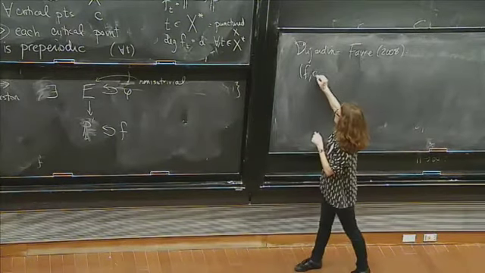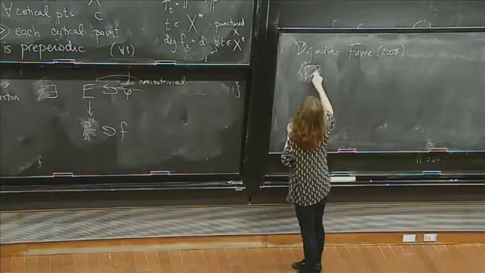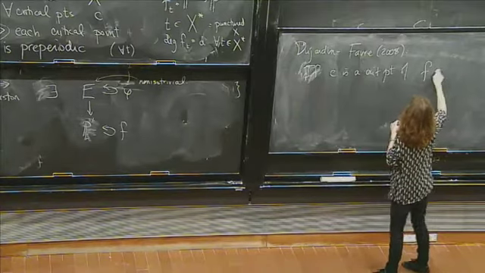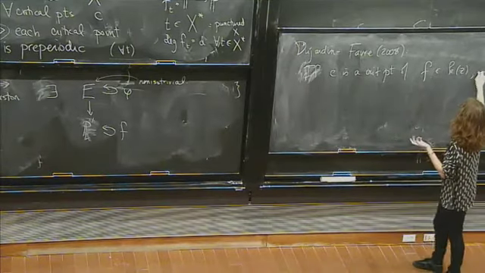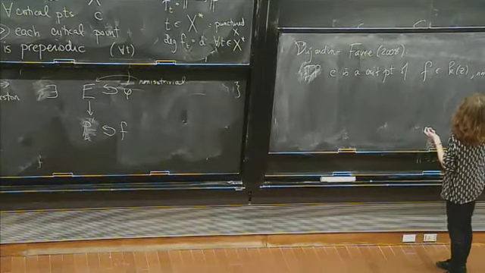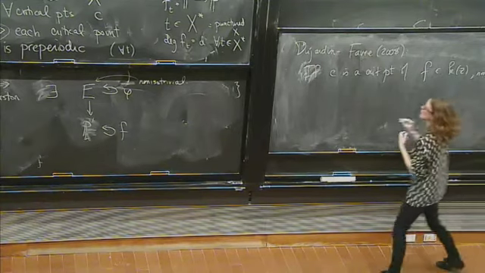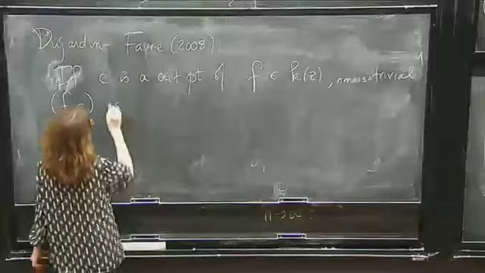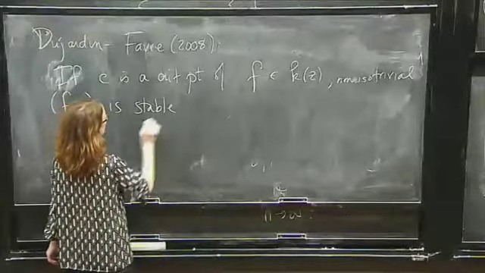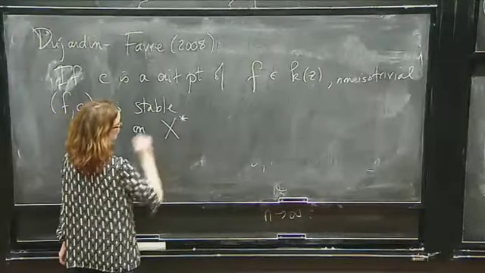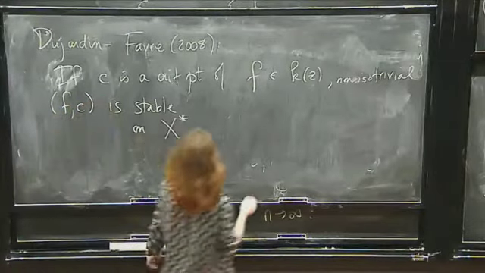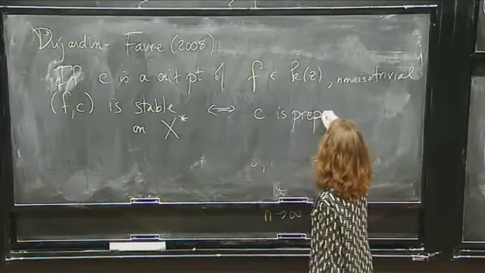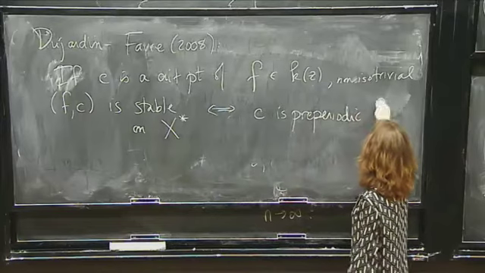The statement was that if c is a critical point of my f, again non-isotrivial, then this particular point, just one of them, is stable on the entire parameter space, which I'm calling X star, if and only if that point is pre-periodic for f.